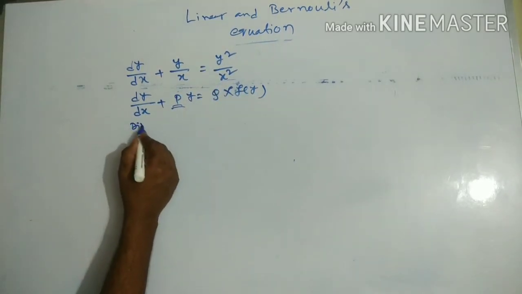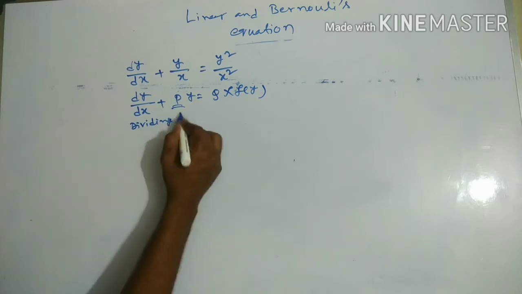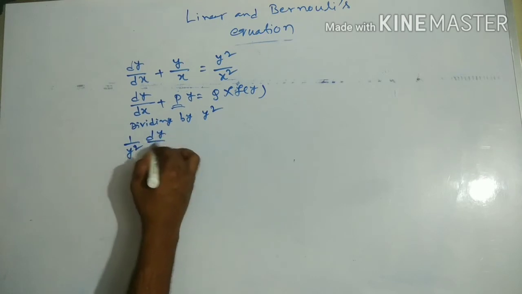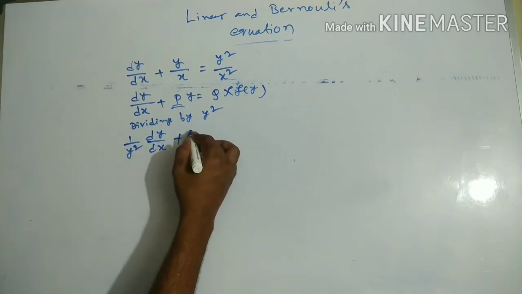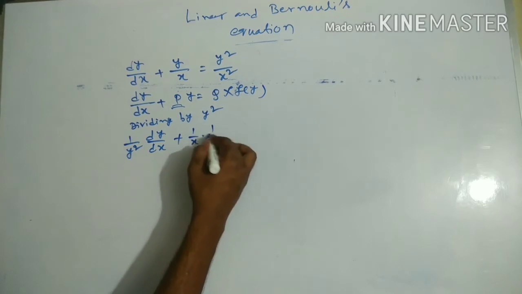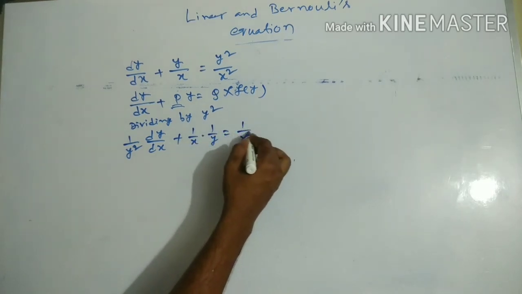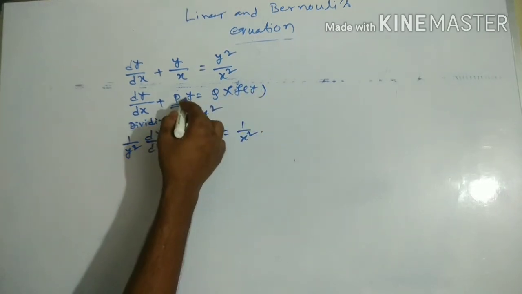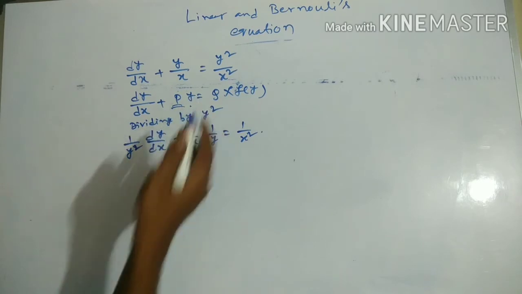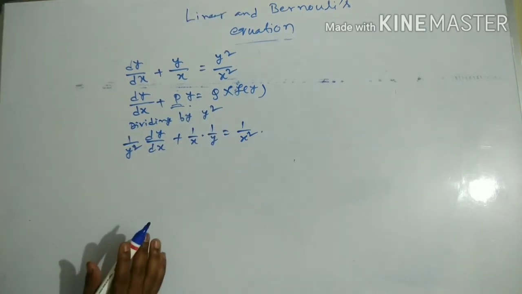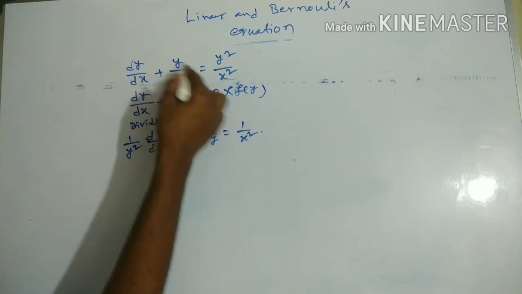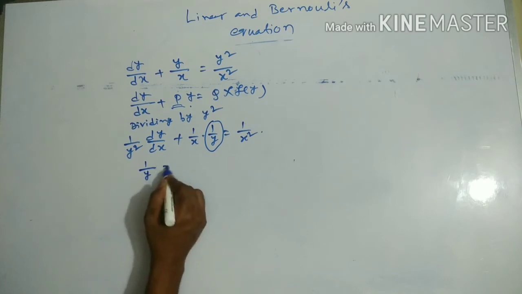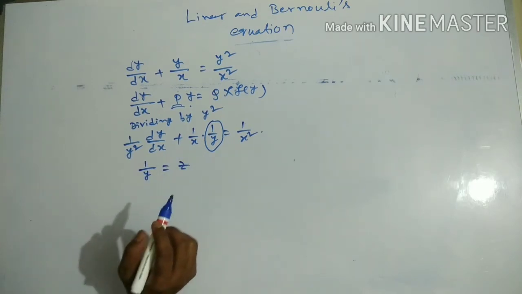So dividing by y squared, we get (1/y²) dy/dx + (1/x)(1/y) = 1/x². Now I told that after dividing by f(y), it will be y/f(y). Here this is 1/y. The result of y/f(y), that is y/y squared, is 1/y, and that function should be substituted by some variable z.